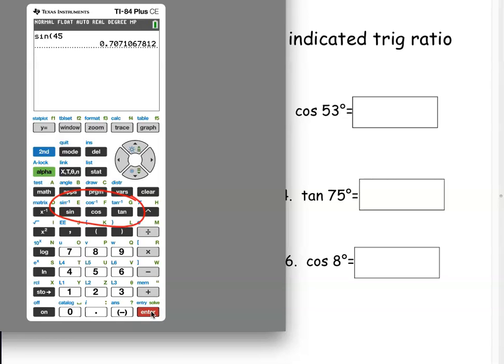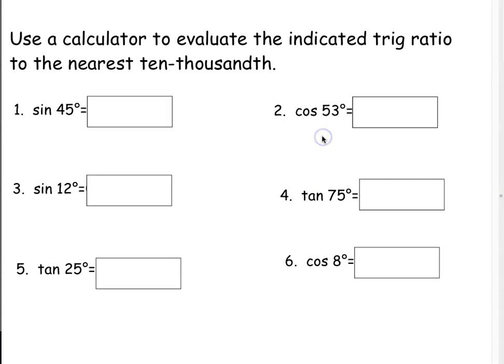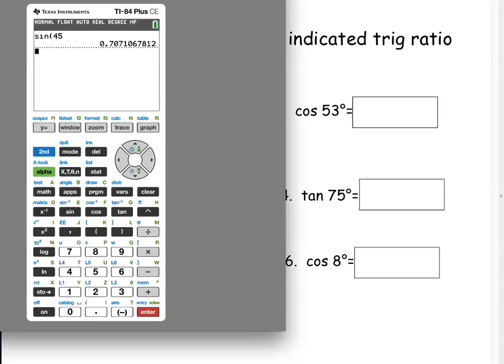General rule is that trig values like this are given out to 4 decimal places. So our answer to this one would be 0.7071. All right, now we're going to find the cosine of 53 degrees.